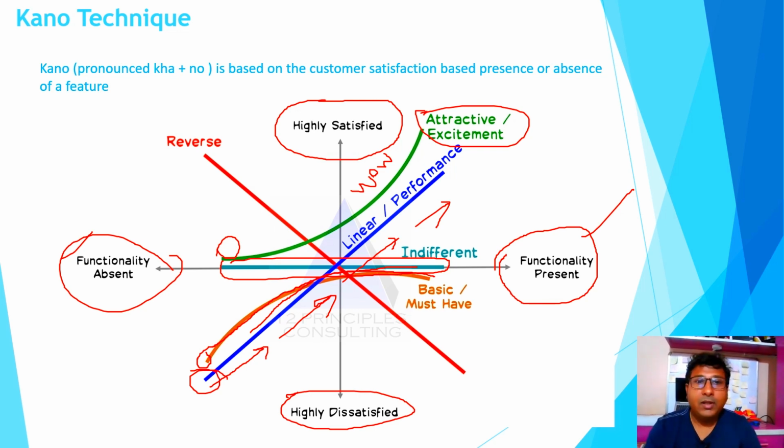Now another interesting thing is basically the reverse, okay, where if these features are present, customers will be dissatisfied, okay, and customers don't want this feature at all. For example, again I'm going back to the hotel room. Let's say a customer has booked a mountain facing hotel room.